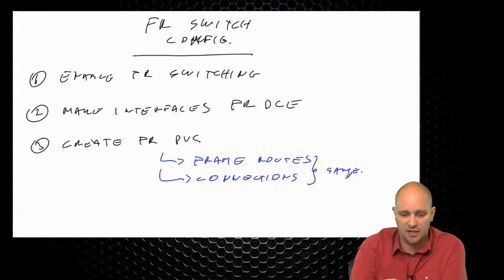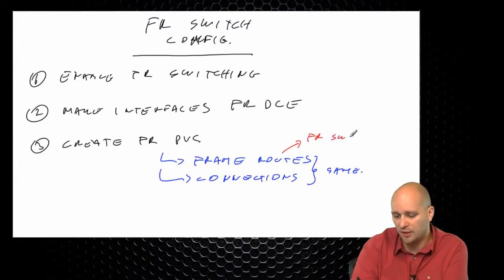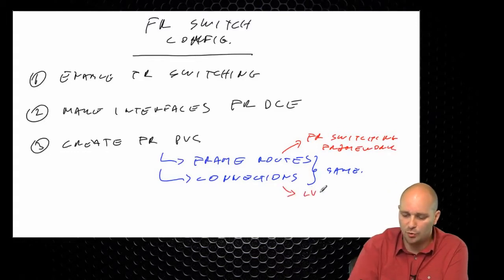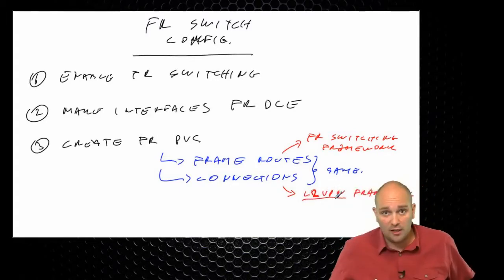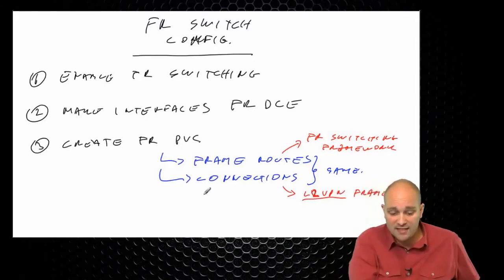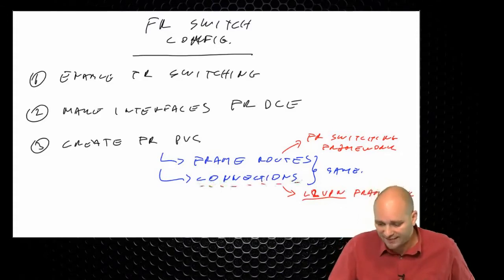They provide the same functionality, except that the frame routes are part of the frame relay switching framework, and the connections are part of the layer 2 VPN framework. Now, this sounds scary, I know that, but don't worry, these are actually much simpler to configure. So that's what we are going to be doing next.